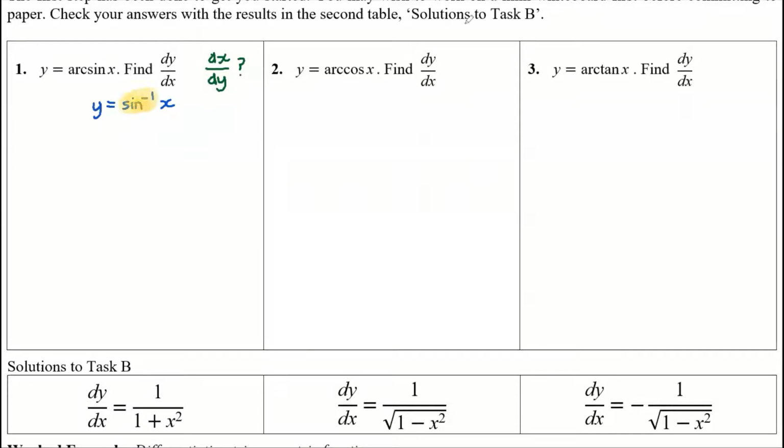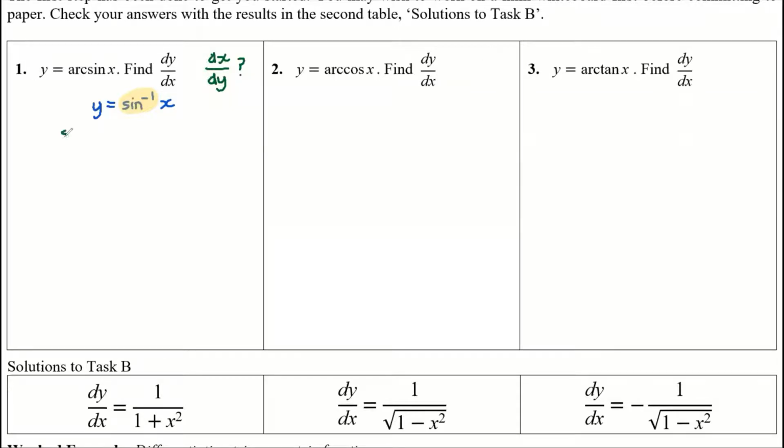It's a strange looking function. But what I do know is that if I applied the sine function to both sides of this equation, sine and sine to the minus 1 are obviously inverse functions. They will undo each other, okay? So I can do that without changing any characteristics of this equation.